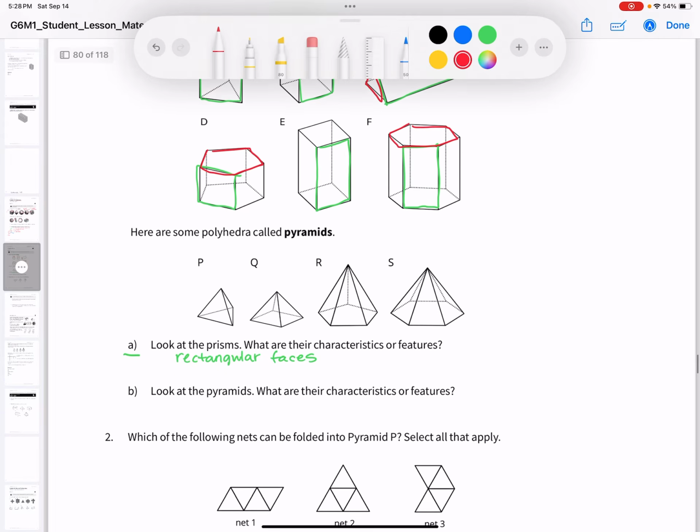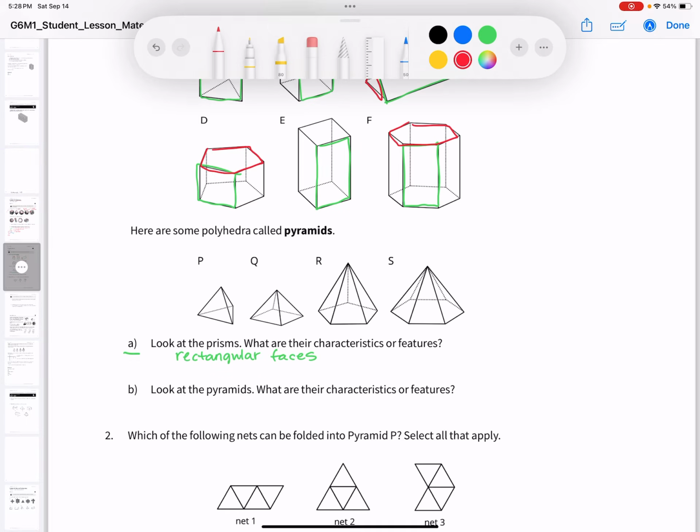So many of them have two faces that are a pair of different polygons.